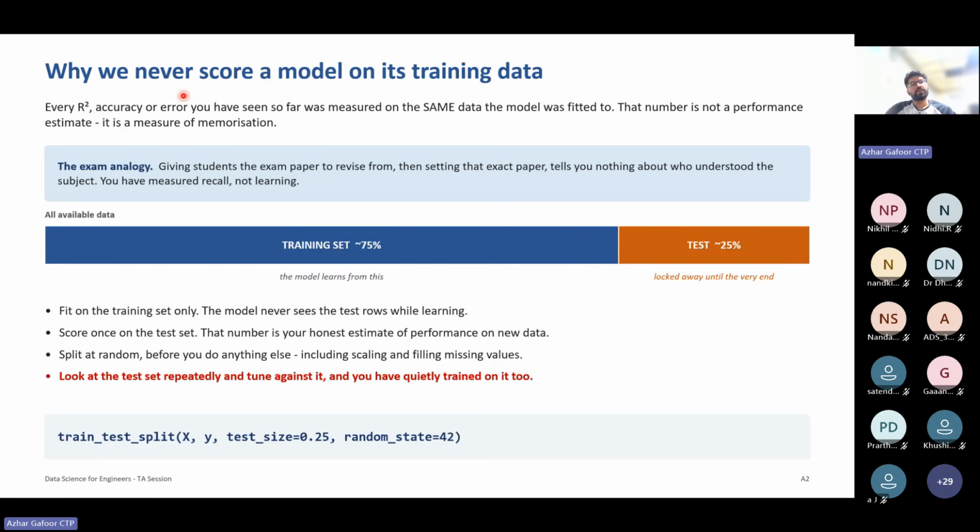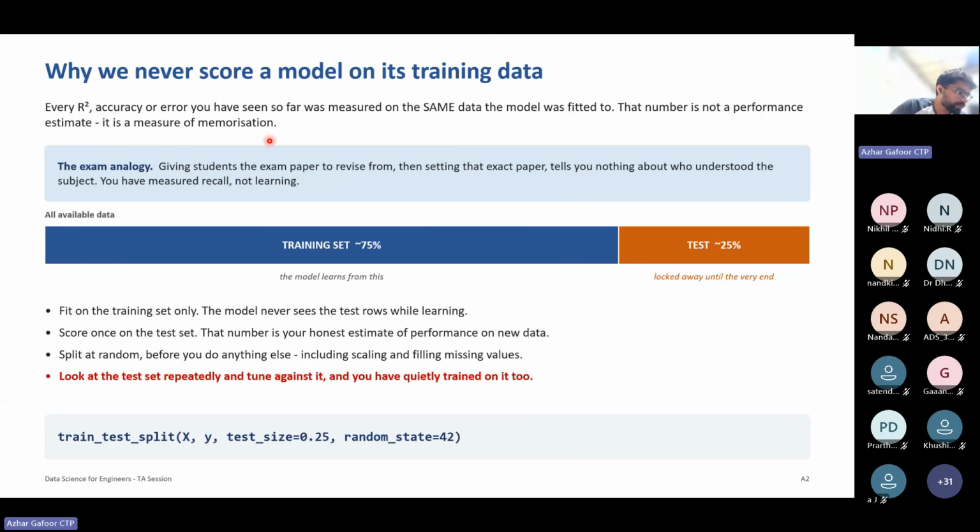So why do we never score a model on its training data? Every R square, accuracy or error we have seen so far that we measured on the same data the model was fitted on is not a performance estimate; it's a measure of memorization.